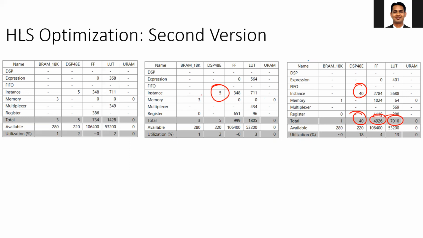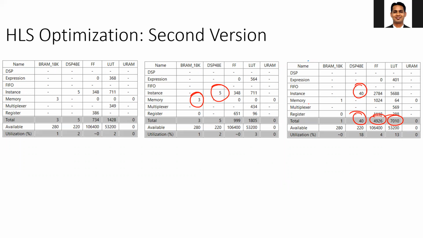Here the corresponding matrix was stored in block RAM, but now, instead of block RAM, they have been partitioned into flip-flops and LUTs. Okay, so these are the things you need to keep in mind while using the HLS pipeline.